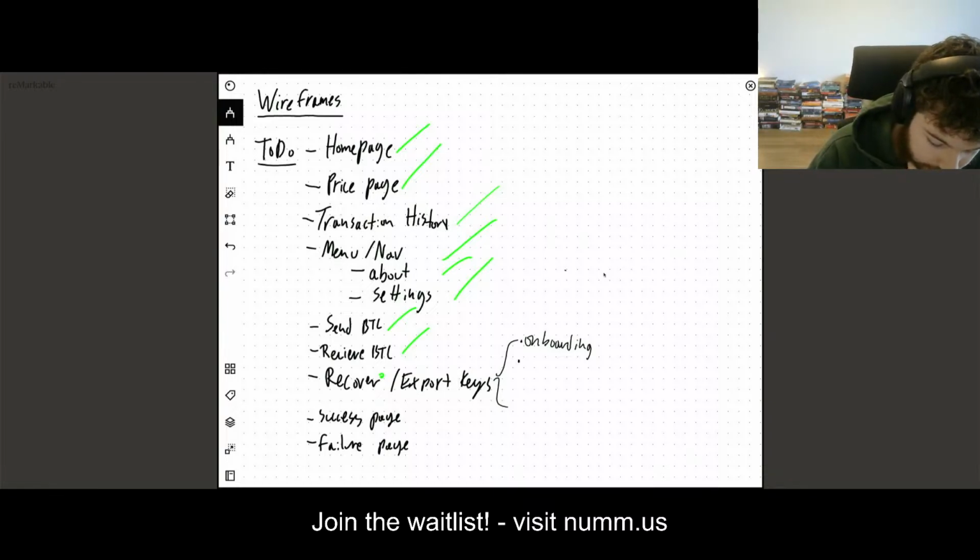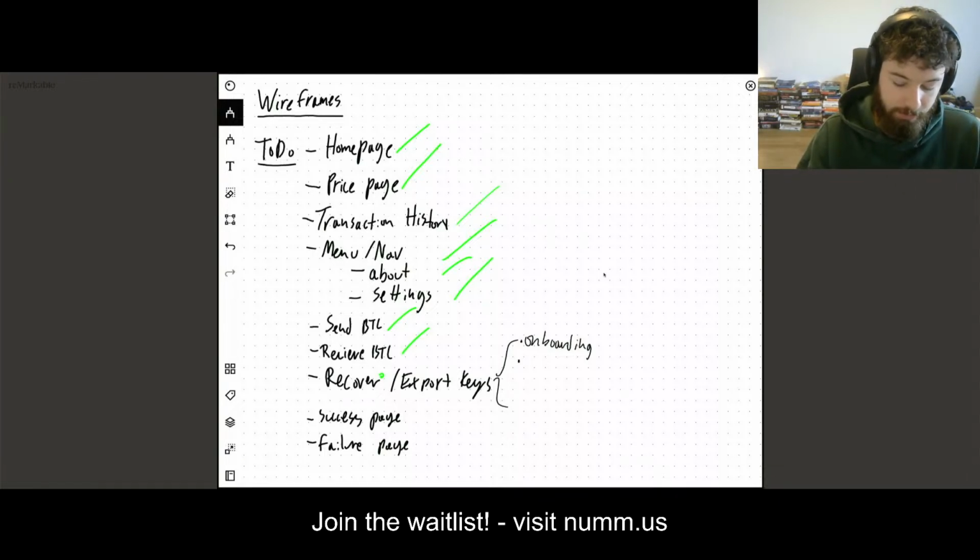I might make that a separate episode or live stream for the onboarding, because onboarding is such a big deal. With onboarding, it really determines if your user will actually sign up or not. And do I really want to spend my time making a really complicated onboarding system? No, it should be as simple as possible.